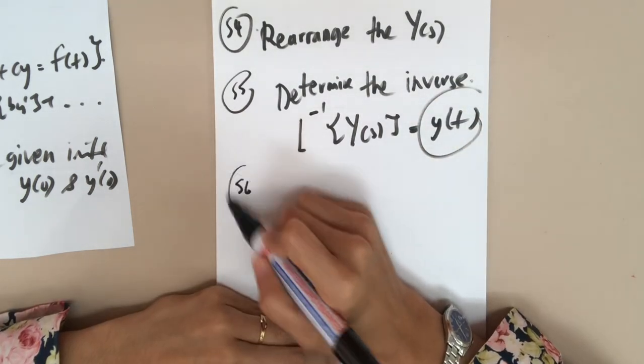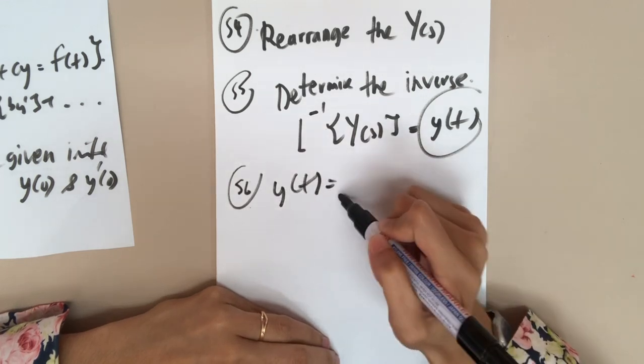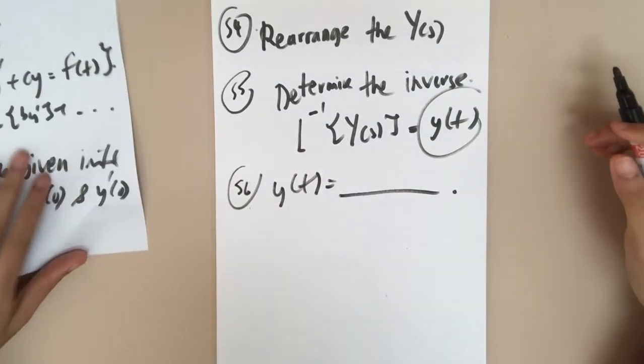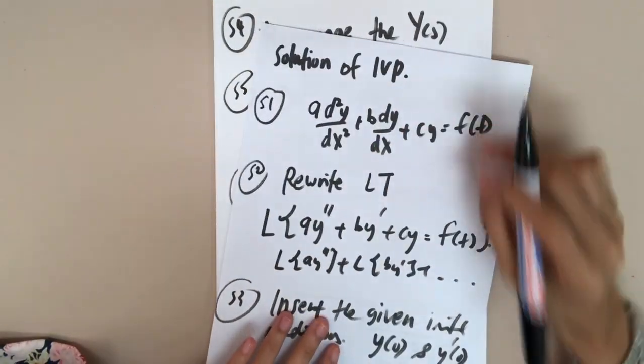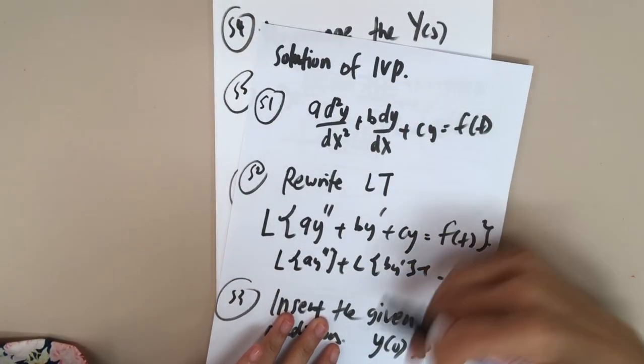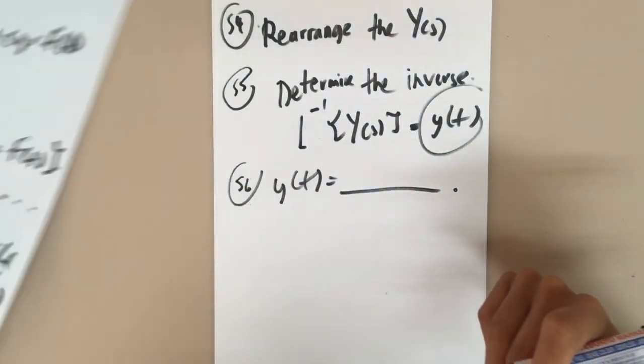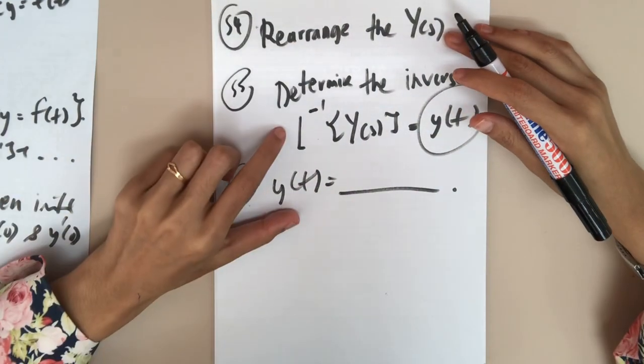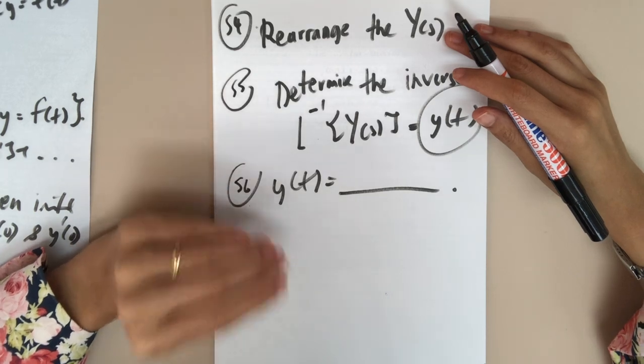So the final answer is y(t). There are 5 steps here: first, rewrite the equation; after that, insert the initial conditions, and rearrange. The last one is to take the inverse.